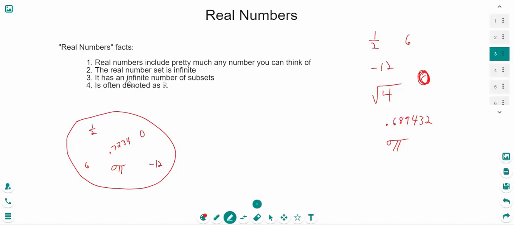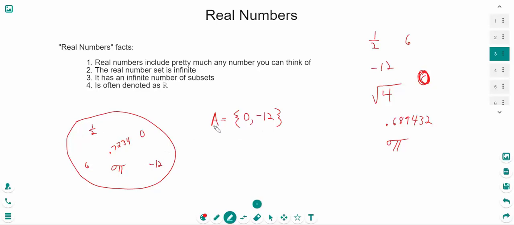Now we could make a subset out of this. And how could we do that? Well, we just need to pull out a couple of the members. So let's call our subset A. And let's make A the subset 0 and -12. Those are the members. And clearly, 0 and -12 are both members of the real number set.